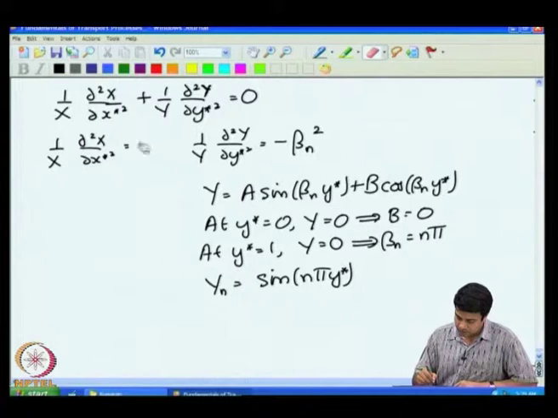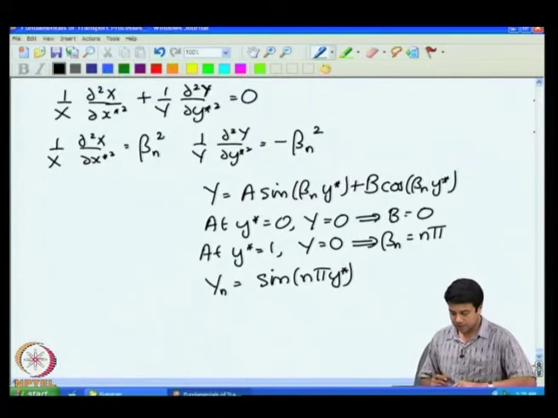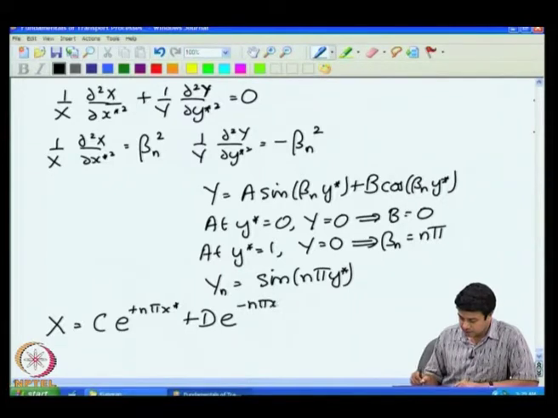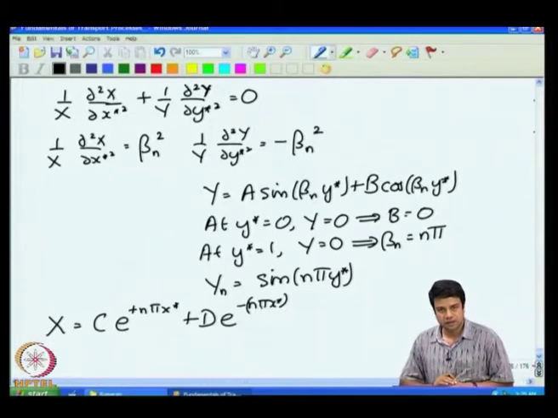What about the solution for x? In this case, d square X by dx square is equal to plus beta n square, which means that capital X is equal to some constant c e power plus n pi x plus d e power minus n pi x, where c and d are constants.